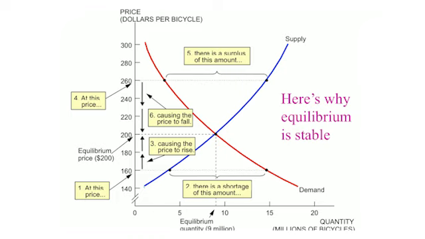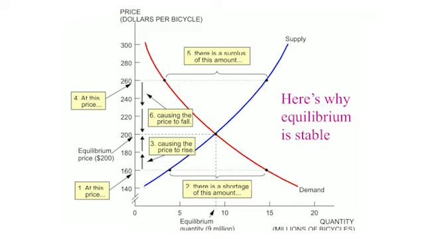So to do that, look at the boxes at the lower part of the picture. They're numbered 1, 2, and 3. And suppose, like in box 1, that the price is not at the equilibrium 200, but that instead it's at 160. So if the price is at 160, you can see that according to the supply curve, the quantity supplied will be a lot less than the quantity demanded.